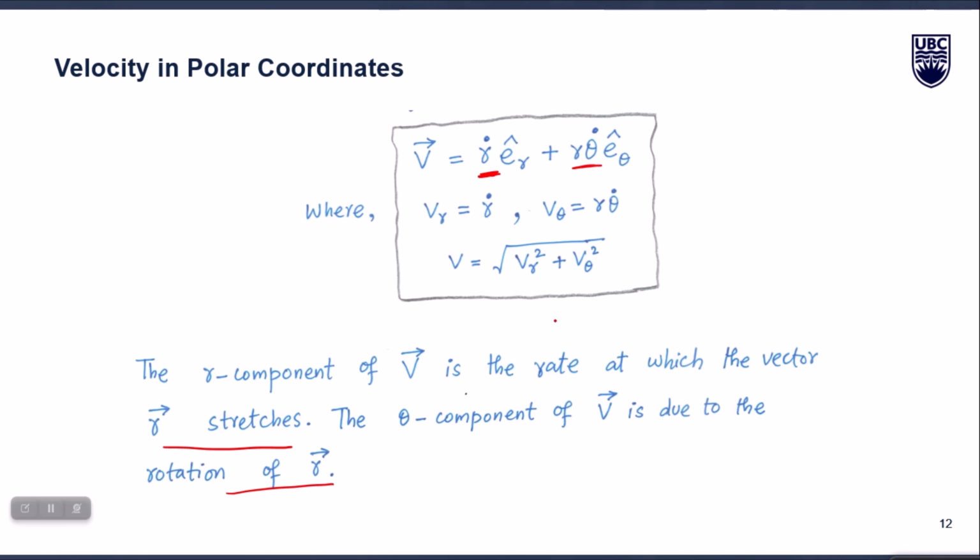One conclusion we can draw from this expression about circular motion is that if r becomes constant, then obviously r dot will become 0, right? In that case, velocity will only have the theta direction, which will coincide with the tangent direction in circular motion. We can see that at the end of this discussion also, but just keep in mind that for the circular motion case, when r becomes constant, r dot will simply be 0.